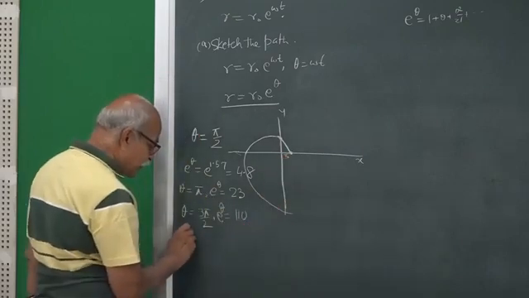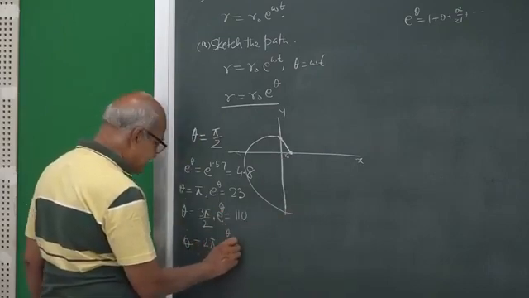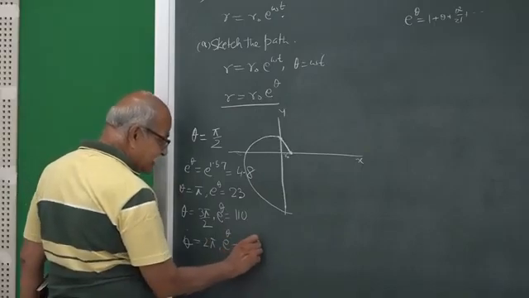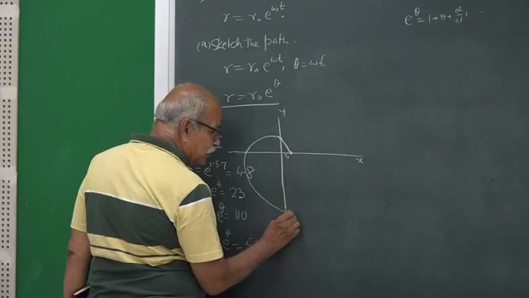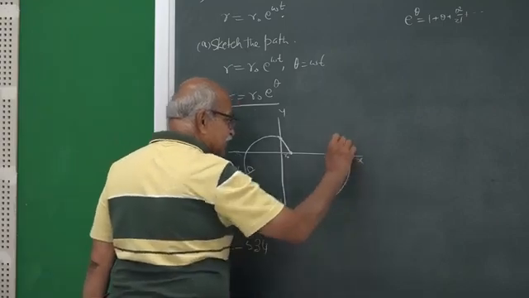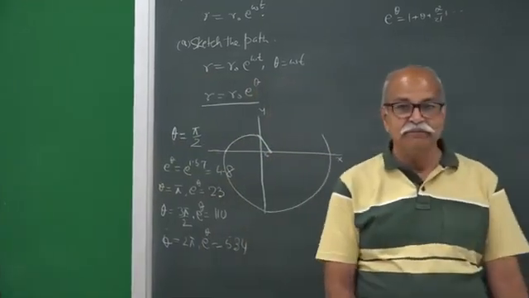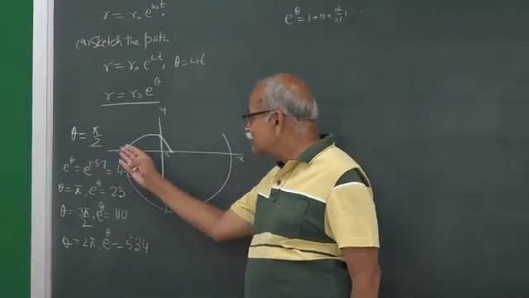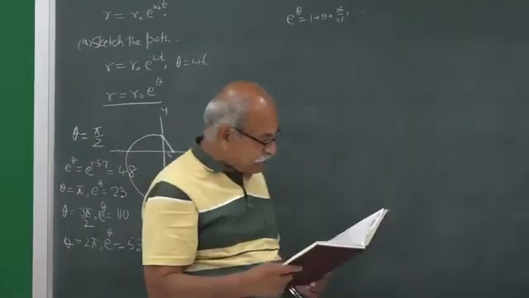When theta is 2 pi, e to the power theta will be very high, it is 534, square of this. So, it will go like this and so on. This kind of spiral will be there. You can draw a much better one and look at the angles, which we will be doing in the other sections anyway. So, this is part A.